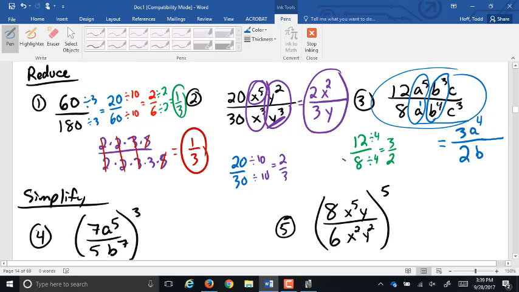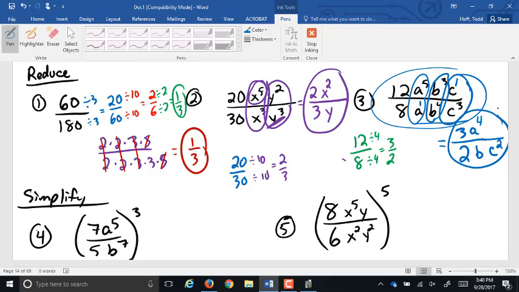That's on bottom. 4 minus 3 is 1, so it's b to the 1 or just b. How about c? Bottom and squared. Think of that as 1, so 3 is the bigger power. It's on bottom. 3 minus 1 is 2. So we get 3a to the 4th over 2bc squared. Any questions there?